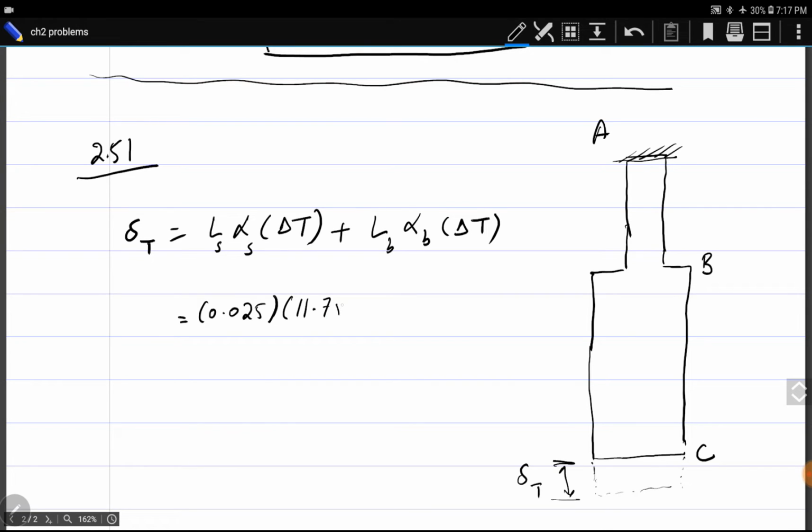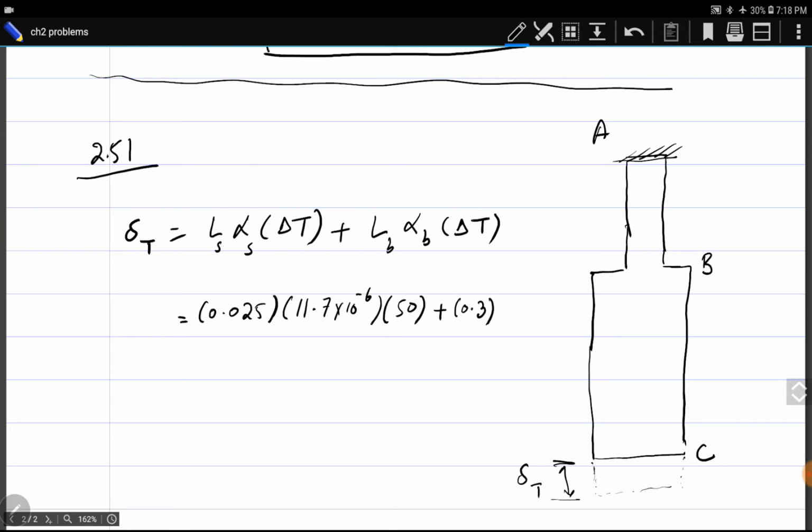11.7 into 10 power minus 6 per degree centigrade. Temperature is 50 degrees centigrade. Remember that the units of delta T and alpha must be the same, like both will be in terms of degree centigrade. If one of them is in some other unit of temperature, you have to convert it. The length of brass is 300, so it becomes 0.3.